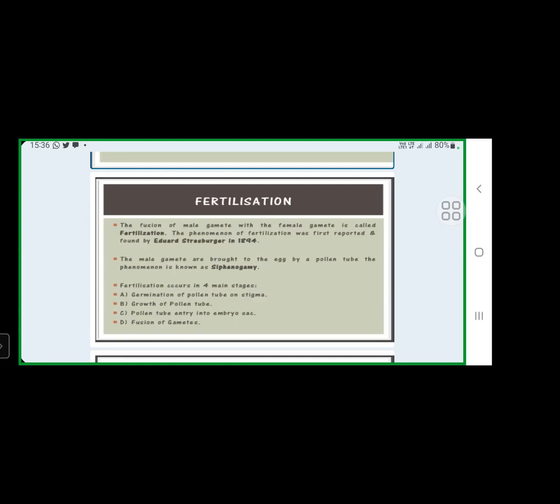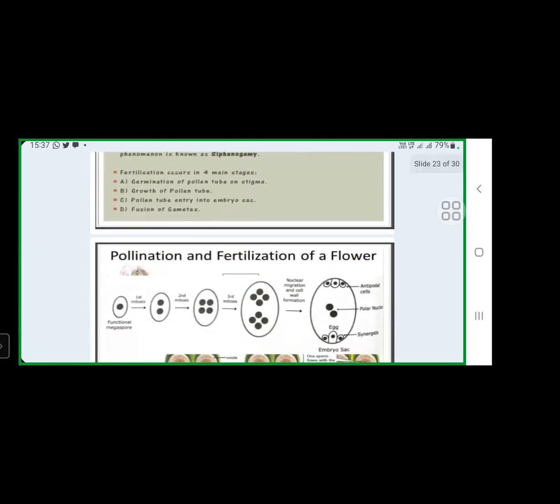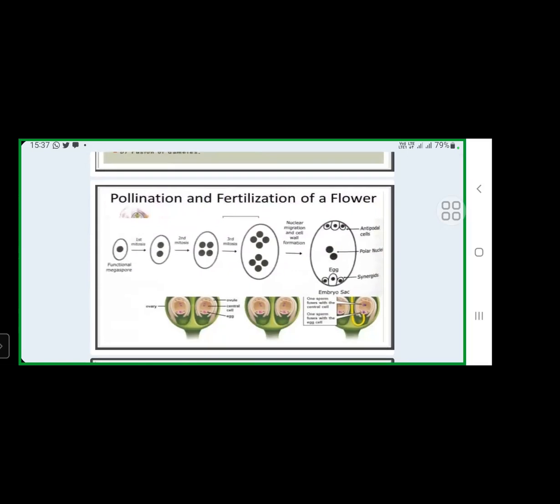The fertilization occurs in 4 main stages: the germination of the pollen tube on the stigma, as I told you, the growth of the pollen tube, pollen tube entry into the embryo sac, and the fusion of the gametes. In this diagram, you can observe all these stages of pollination and fertilization of a flower.